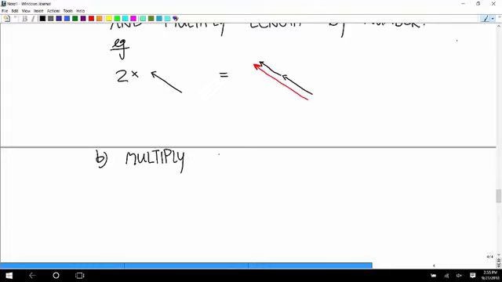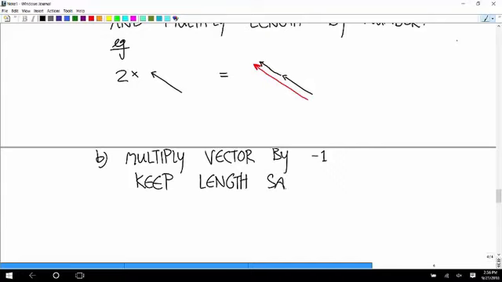So to multiply a vector by -1, keep the length of the vector the same, and just switch the head and the tail.